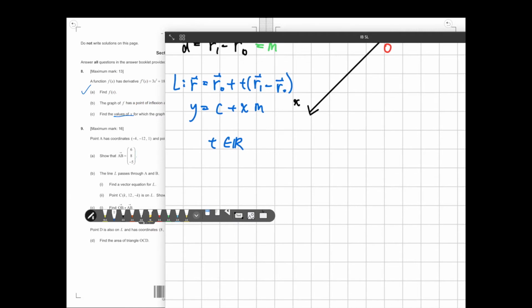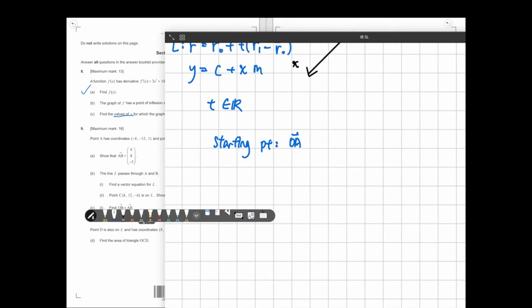So from this one, we know that the starting point is from O to A, OA, and the direction is AB.